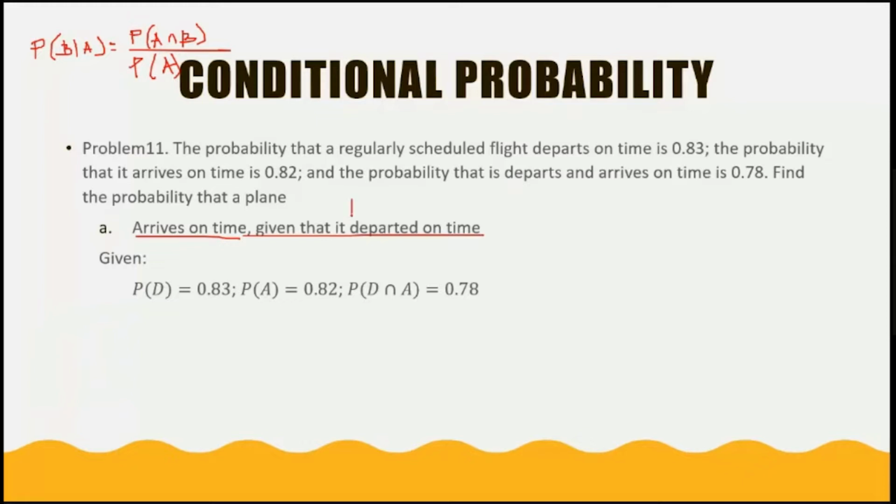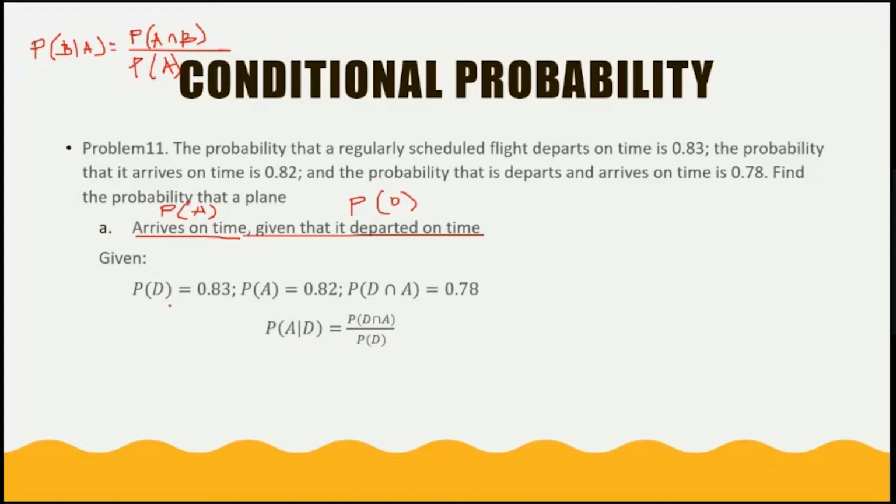So our condition here is D, and we have to find the probability of A. So replacing all of this, our equation will become the probability of A given D, which is the probability of the intersection of D and A divided by the probability of D.